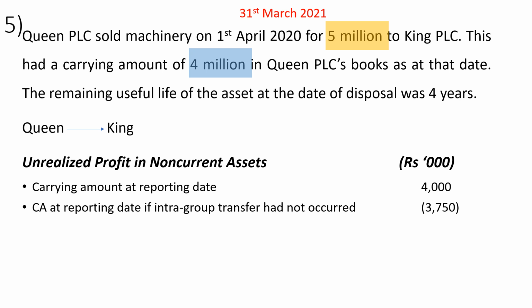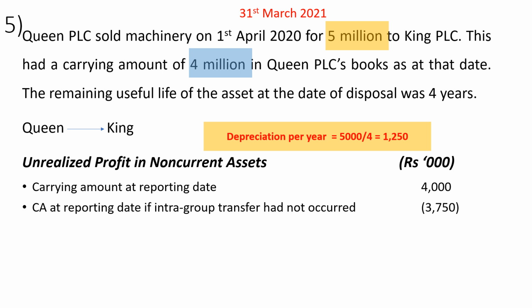Based on the straight line principle, we can calculate the depreciation. For that, we divide the asset by its useful life. Here 5 million is the asset value. Since we are calculating in thousands, we put 5,000.